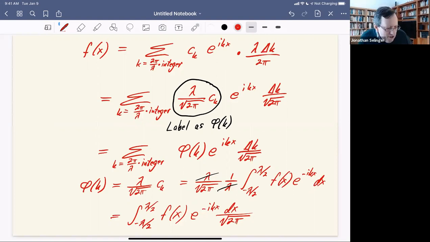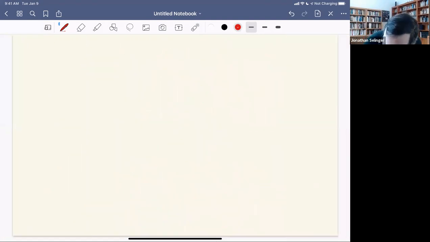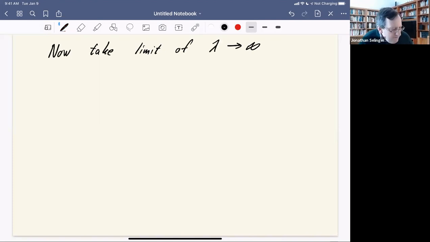Now, here comes the trick, okay? The trick is, now I will take the limit of lambda goes to infinity. Okay.